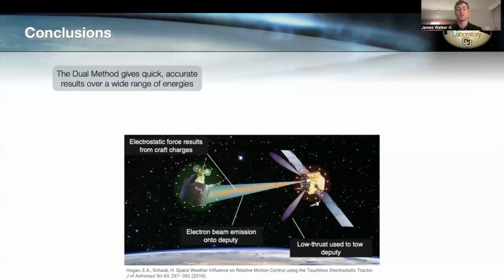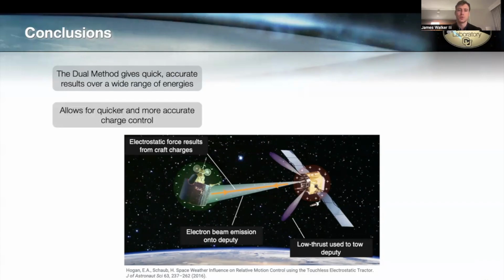So the conclusions that we can draw from this work are that we are able to integrate the dual method into our active charge control, and we are able to leverage the benefits of both the secondary electron method and the X-ray method using this technique. And this will allow for quicker and more accurate charge control of the target object.